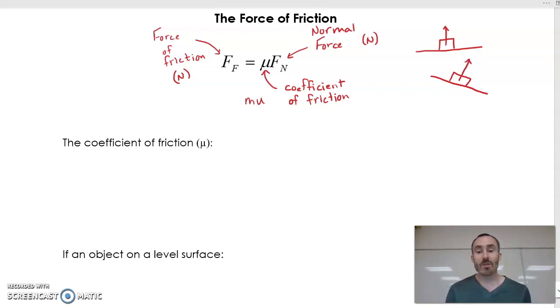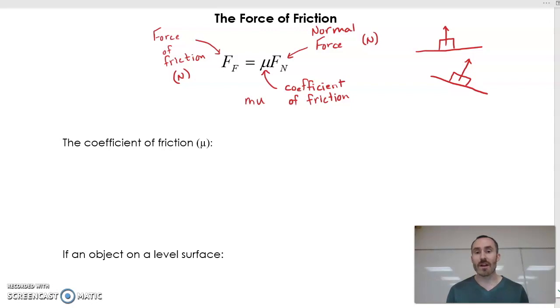And so how much friction there is acting on an object depends on how much normal force there is pushing against that object. You might have noticed before that really heavy objects tend to have more friction acting on them. That's why it's difficult to, say, push a car.